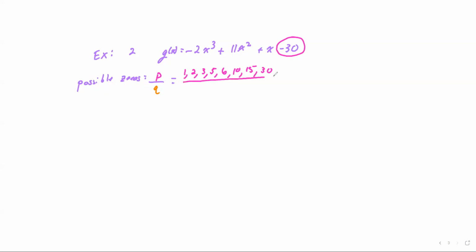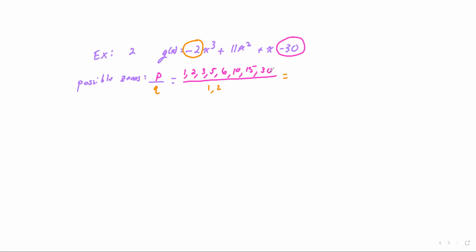And we're going to divide that by all the factors of the leading coefficient, which again is the coefficient in front of the highest degree. So that -2, again, we're going to look at the absolute value of all the factors that go into 2, and in this case, it's 1 and 2. So this is what you do to find all possible zeros.